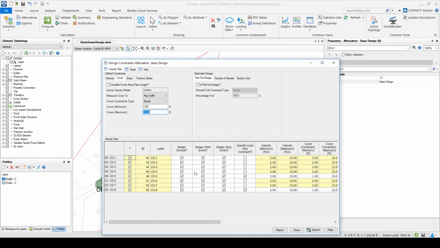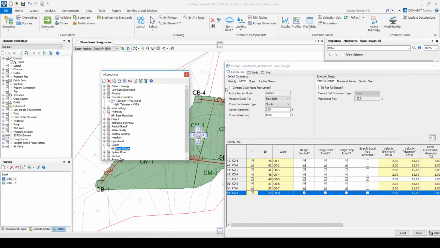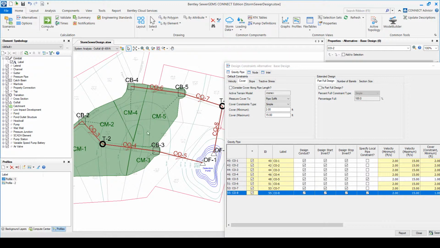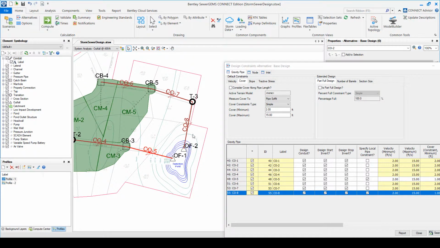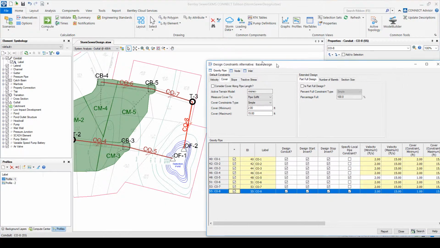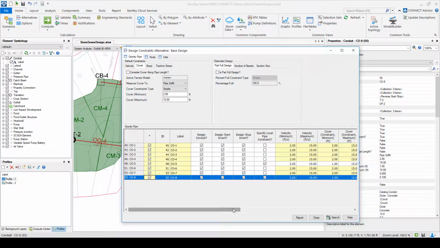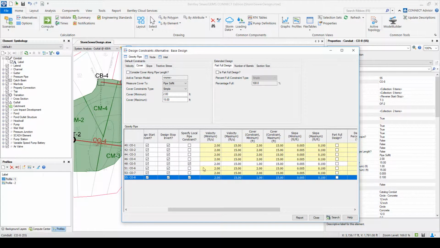And we also said that in particular for pipes 5 and 8, which let's find them here, they're basically the ones discharging to this pond. Because there's no road there or anything, we were going to allow 1 foot of cover. Okay, so that's what we said here.